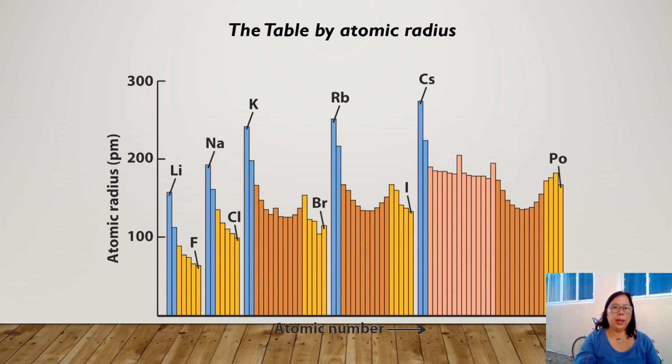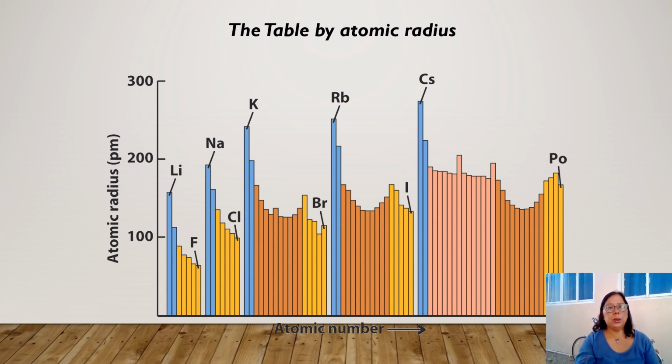So, as the atomic radius increases within a group, the atomic number also increases. Hence, across the groups, as the atomic number increases, the atomic radius decreases. This is group 1. This is group 7. And the atomic radius here is shown by the increasing arrow, and the atomic radius here is also increasing.